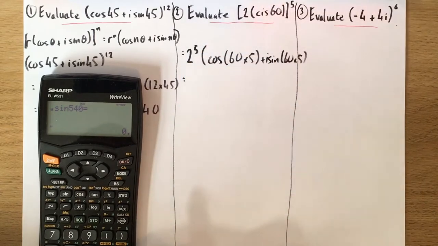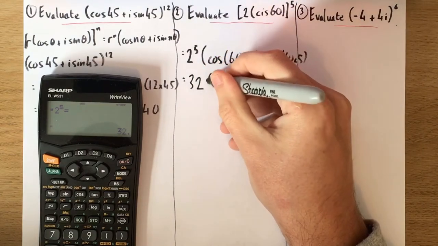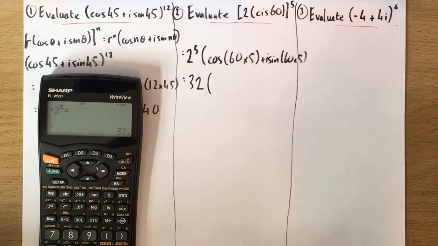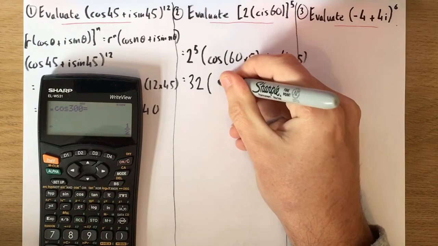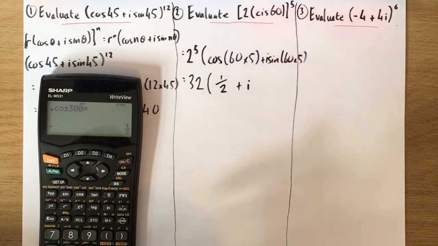So that's equal to 2 to the power of 5 is 32 times 60 times 5 is 300. So cos of 300 is a half plus I, and then that's going to be sine 300.